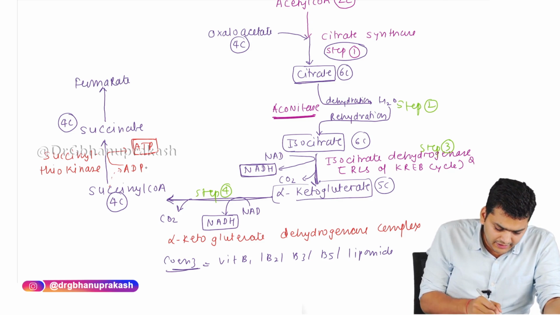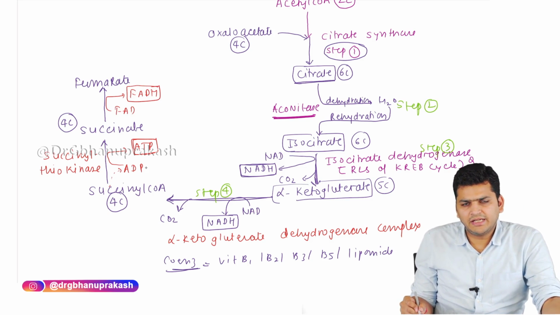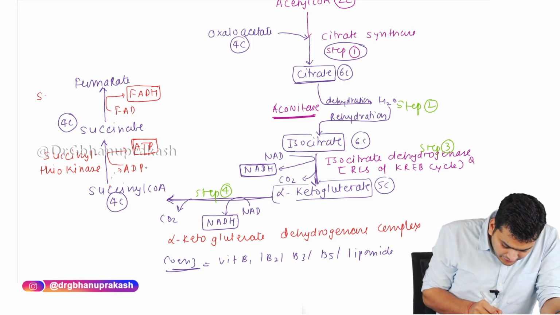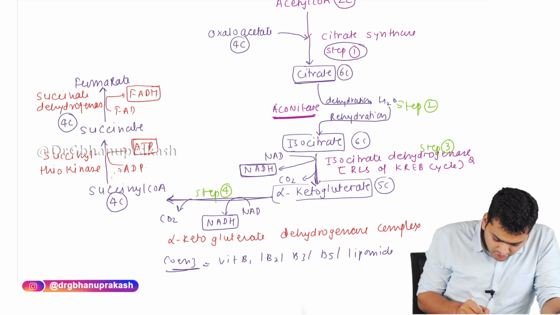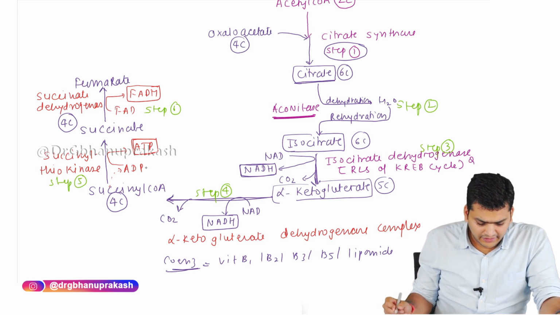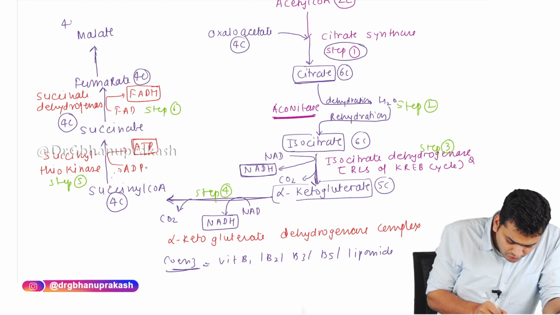Then this succinate will convert into fumarate. In this reaction, FAD comes into the picture and converts into FADH. We know that when there is NAD/NADH or FAD/FADH, it is going to be a dehydrogenase, so it is succinate dehydrogenase. That is going to be step number 6. Then lastly, this fumarate will convert into malate. Fumarate is 4 carbon, malate is also 4 carbon.